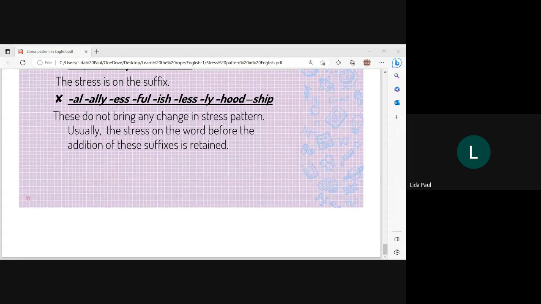Now, another rule is when you have more than one syllable. For example, look at the word impinge. Two syllables, right? Imp and pinge. Which one is stressed here, the first syllable or the second syllable?